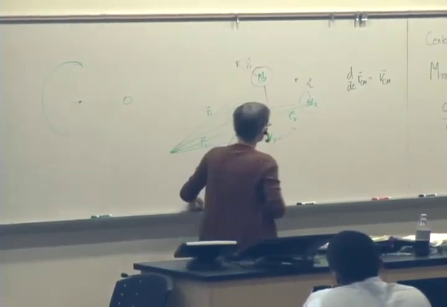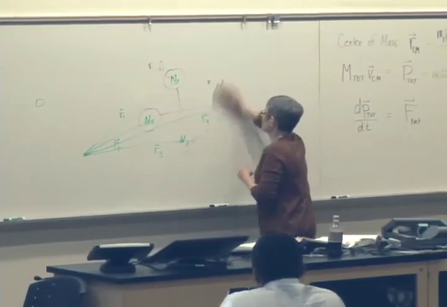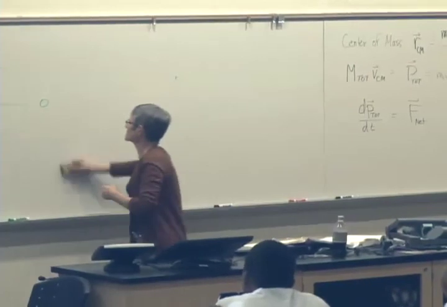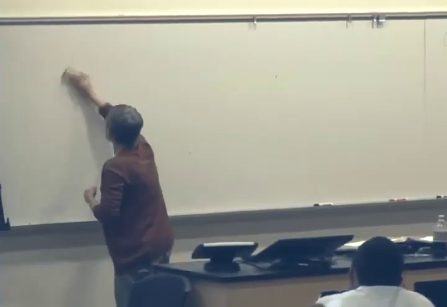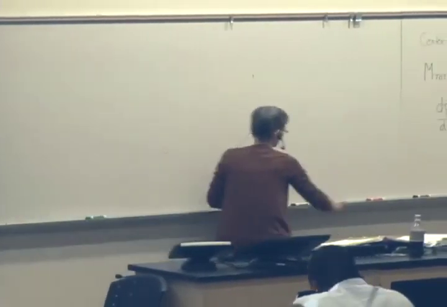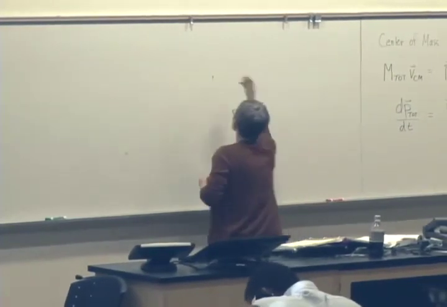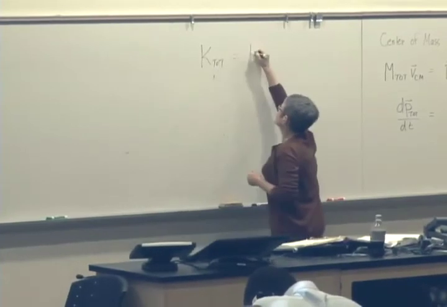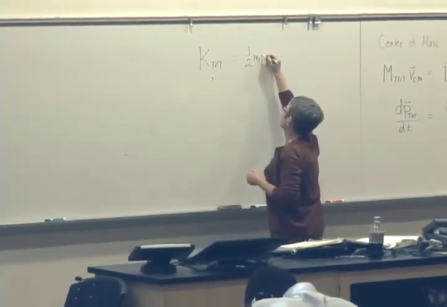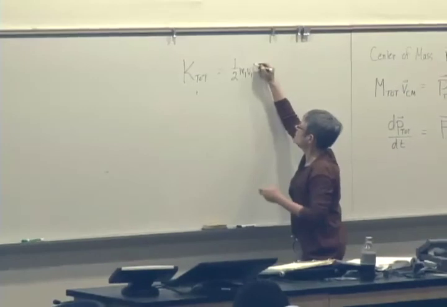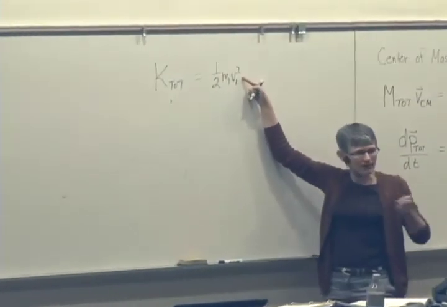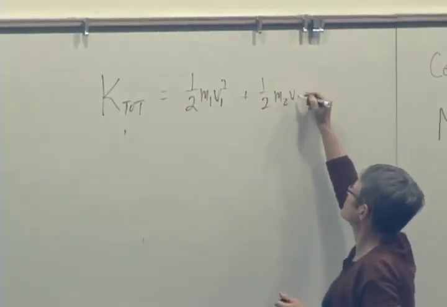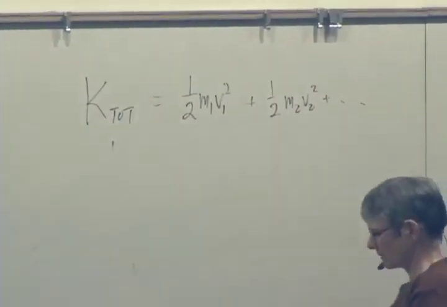What's total kinetic energy? Well, the total kinetic energy is just the sum of the kinetic energy of all the pieces. So K total would be a half m1 v1 squared, where again we're writing the magnitude of the velocity just without the arrow, plus a half m2 v2 squared plus whatever.